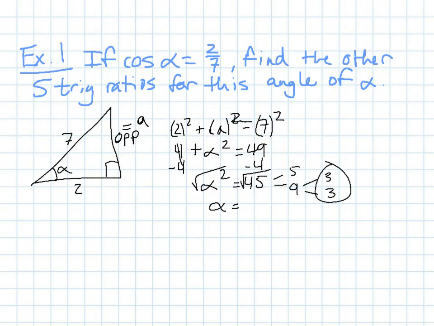It looks like I have a group of 3s that I could pull out, so this is reduced to 3 square root of 5. Okay? Now I know when I take a square root, it's usually plus or minus, but because we're talking about a physical thing, in this case just a normal right triangle, it will always be a positive value because we're talking about distance.